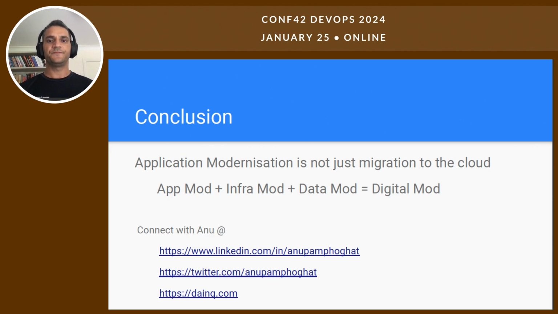Application modernization, infrastructure modernization, and data modernization are all essential components of a comprehensive digital transformation strategy. By modernizing all these three components, organizations can improve their agility, scalability, and efficiency to gain a competitive advantage in this digital economy. Remember, it's not just about moving to the cloud.